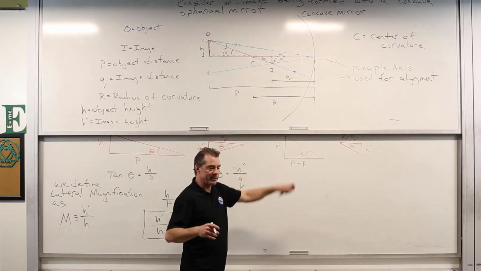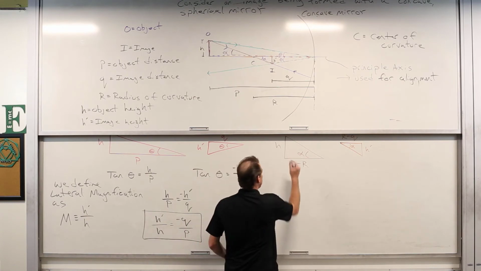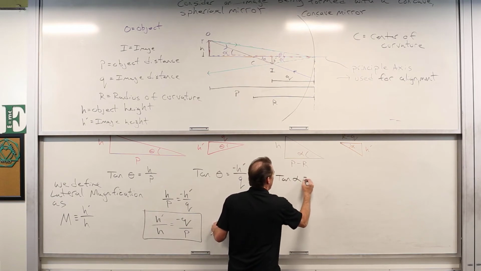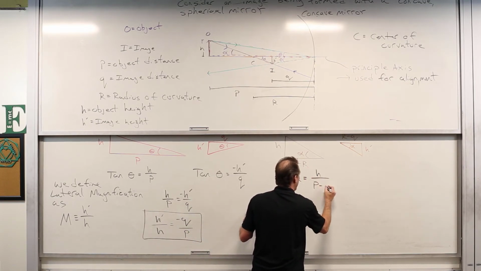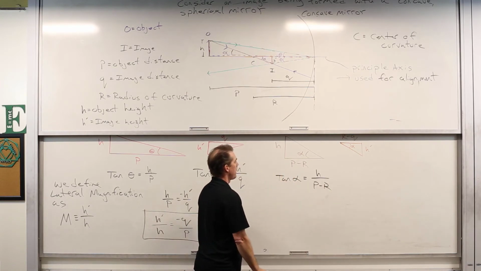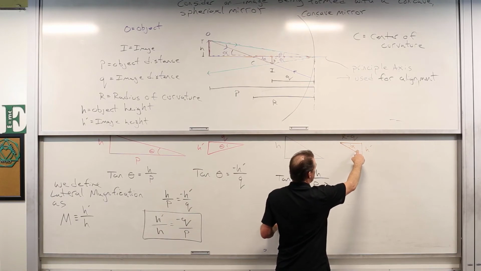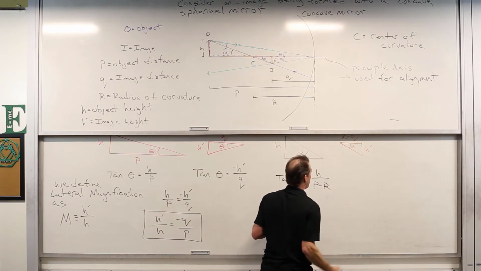But let's just go ahead and look at this. We can again look at the tangent of alpha in this case. The tangent of alpha is going to be opposite over adjacent, which is h over the quantity of p minus r. Great. And then the tangent of alpha is going to be negative h prime divided by r minus q.